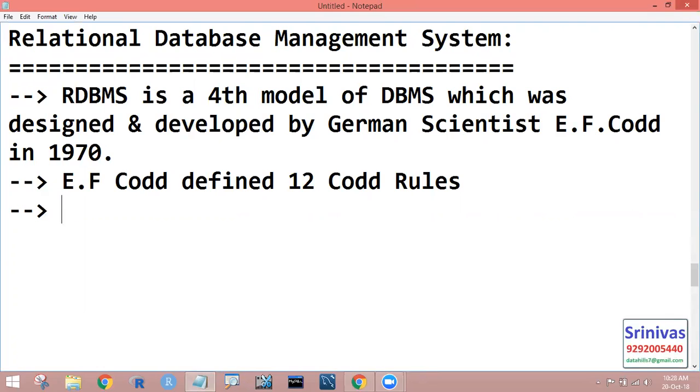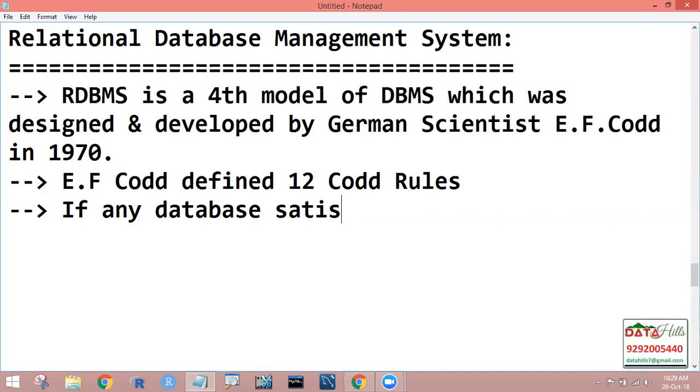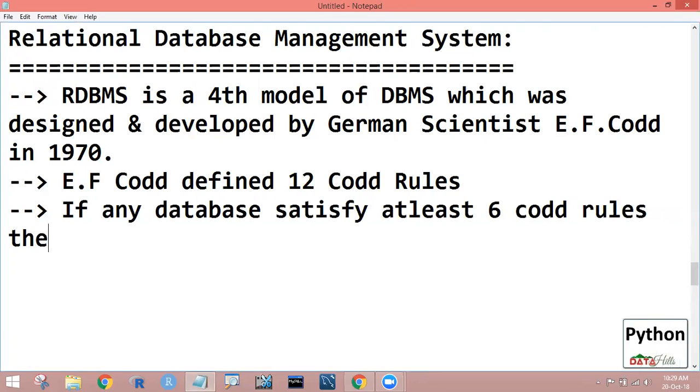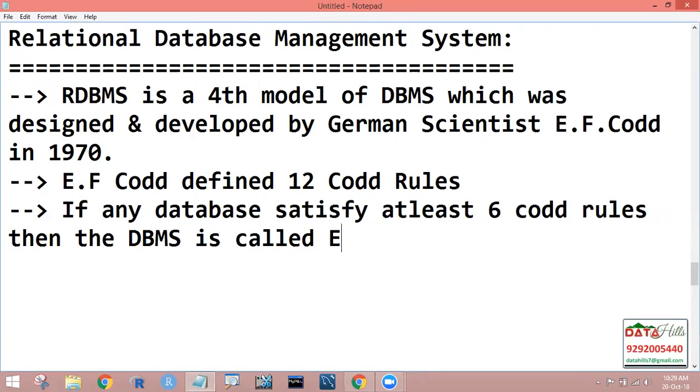Out of these 12 Codd rules, if any DBMS satisfies at least 6 Codd rules, then that product is an RDBMS product.